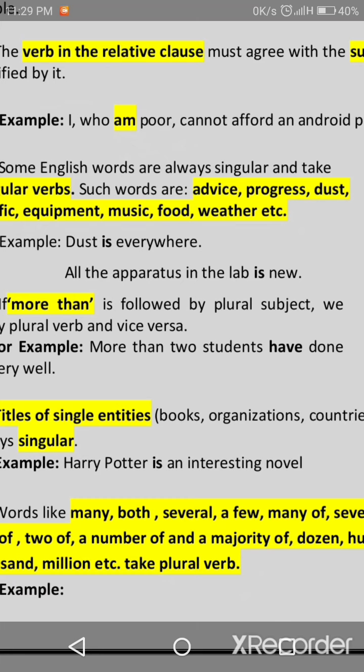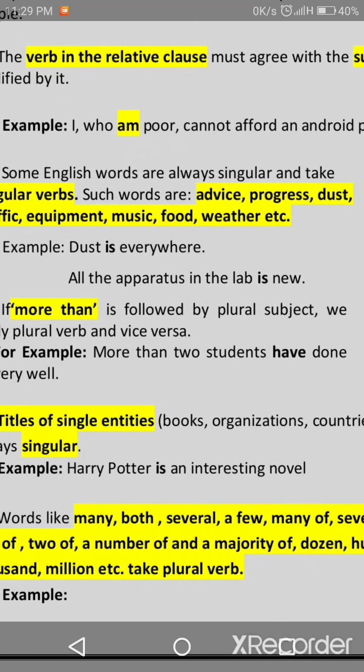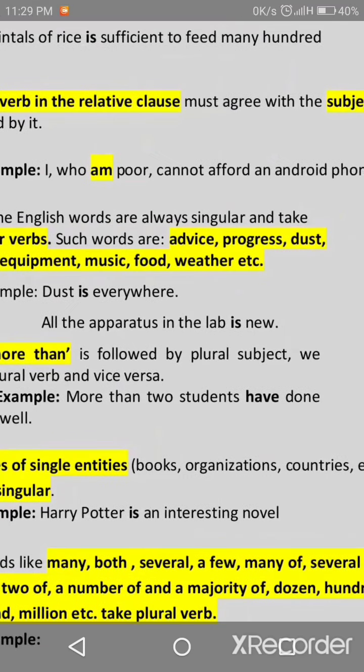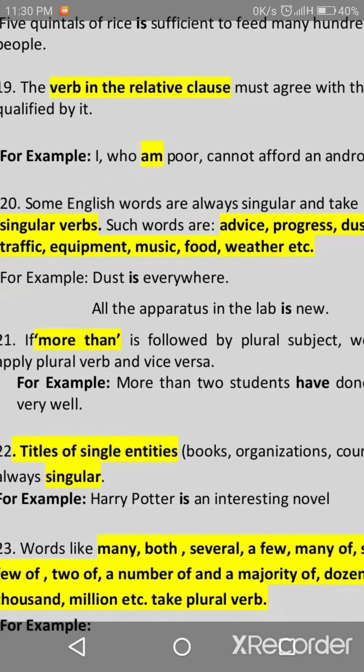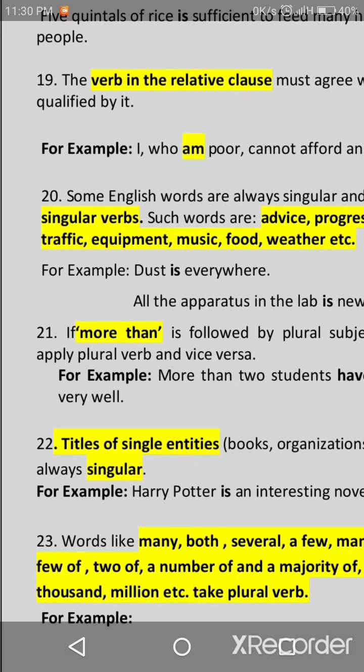A relative clause is a clause that gives us some information about the subject. Now whenever we use a relative clause, the verb agrees with the subject and is not used otherwise, right?